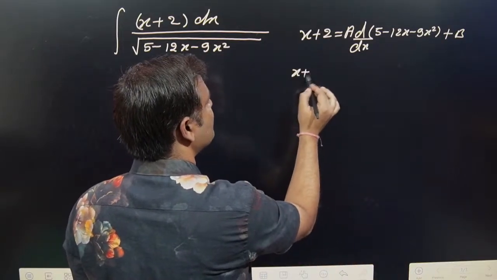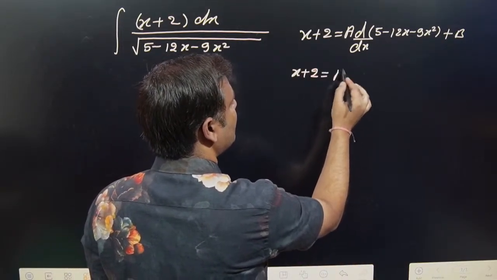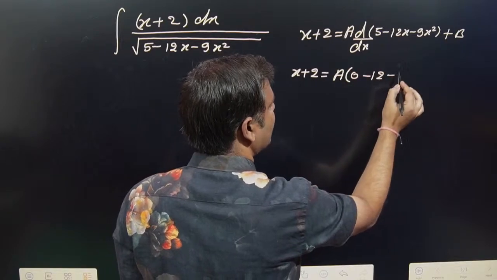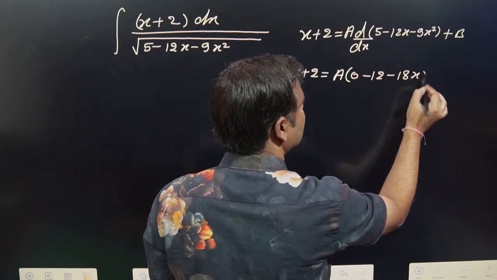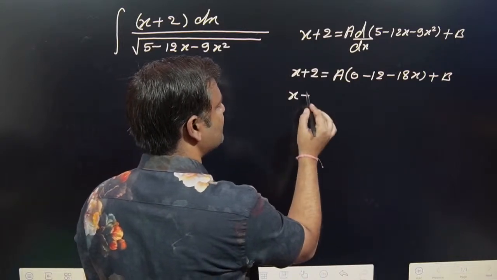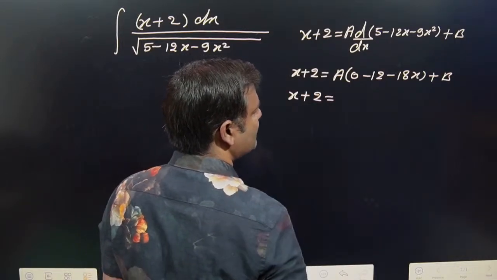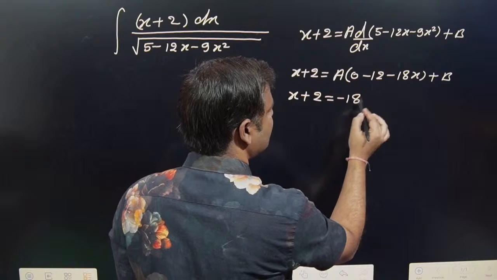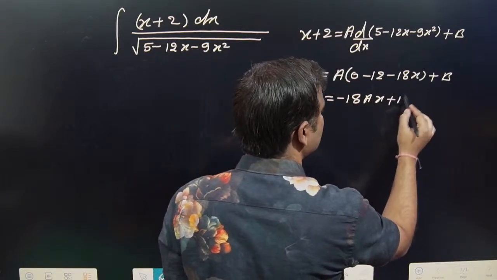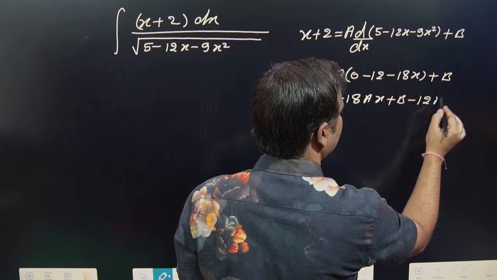So x plus 2 will be equal to a into the differentiation of this one, 0 minus 12 and here minus 18x, plus b. So x plus 2 is written as minus 18 a into x, plus b minus 12a.